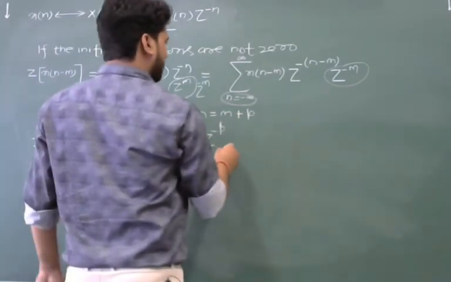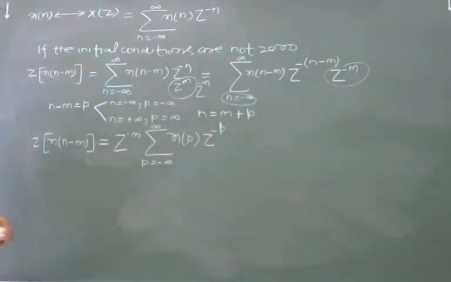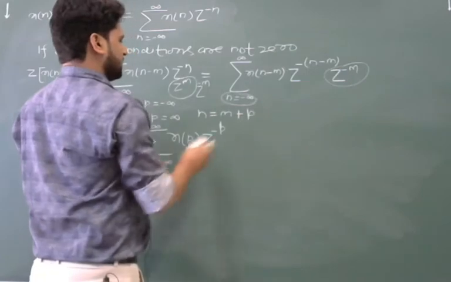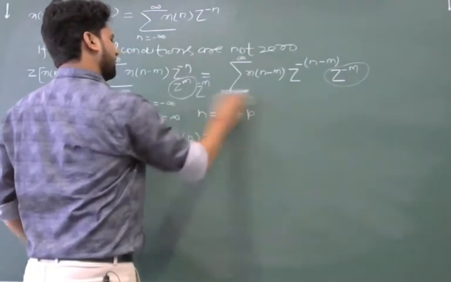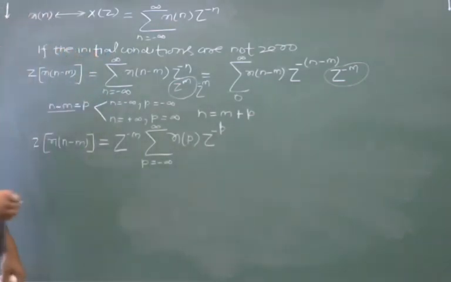Now this can be written as, the limit here is, suppose x of n is a causal sequence, so we will take limit from 0 to infinite if x of n is a causal sequence.